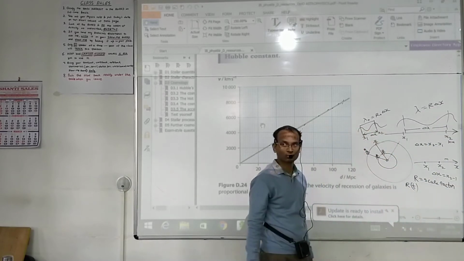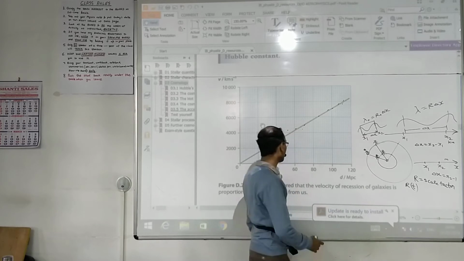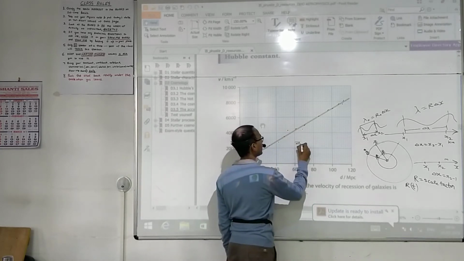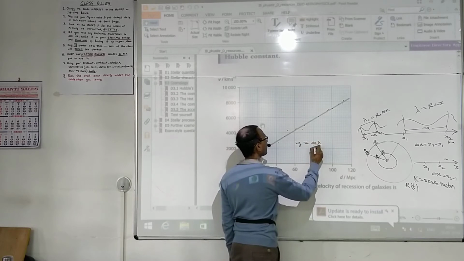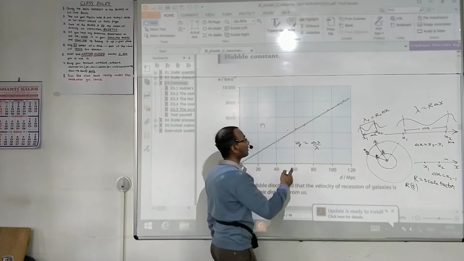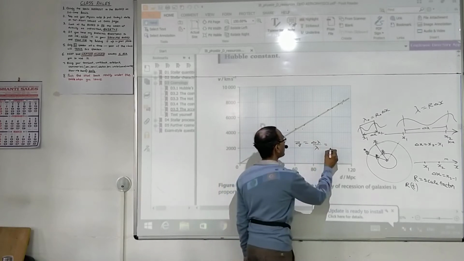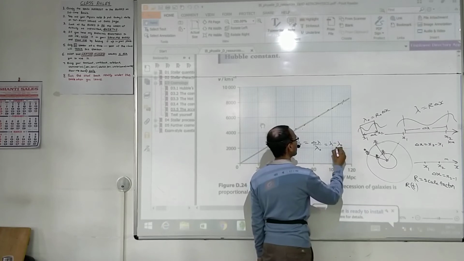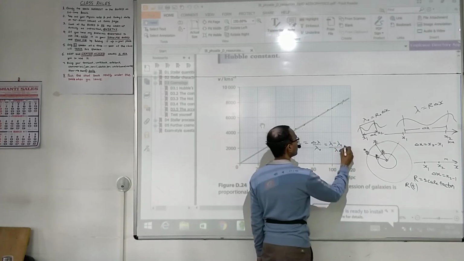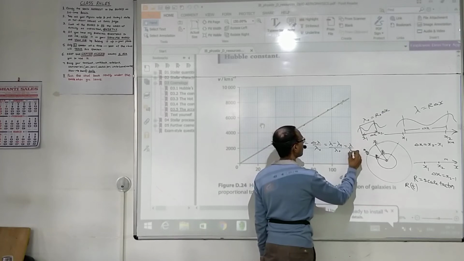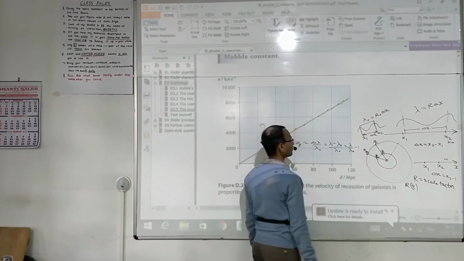Agreed? Now the redshift is denoted as z, which is delta lambda by lambda naught. This is written as lambda minus lambda naught by lambda naught, which is lambda by lambda naught minus 1.